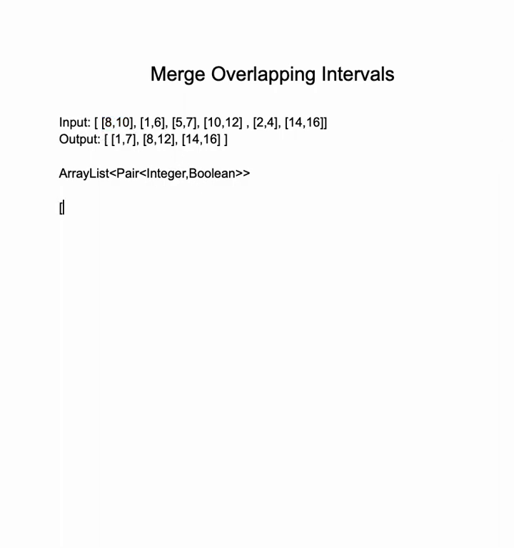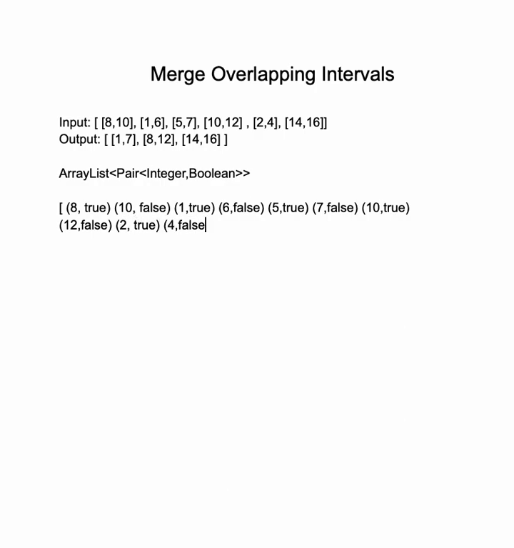So the list would be populated something like 8 comma true, 10 comma false, 1 comma true, 6 comma false, 5 comma true, 7 comma false, 10 comma true, 12 comma false, 2 comma true, 4 comma false, 14 comma true, 16 comma false.